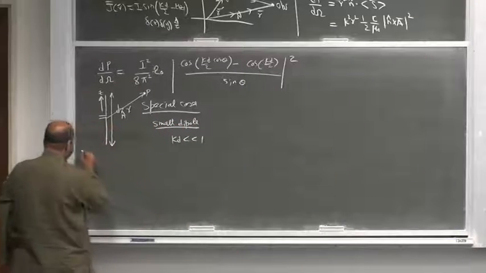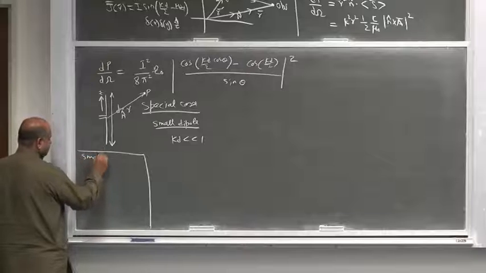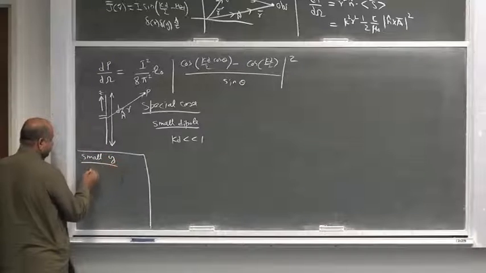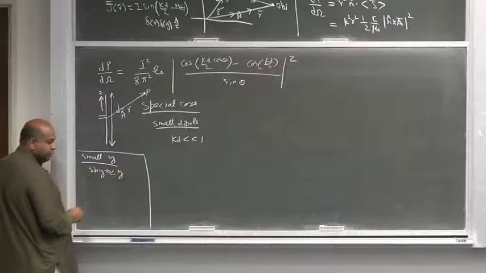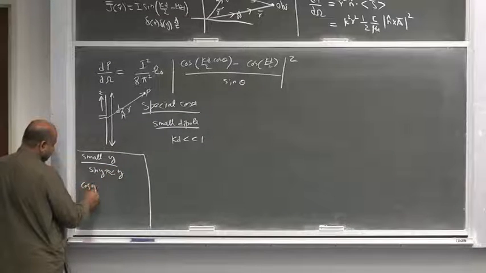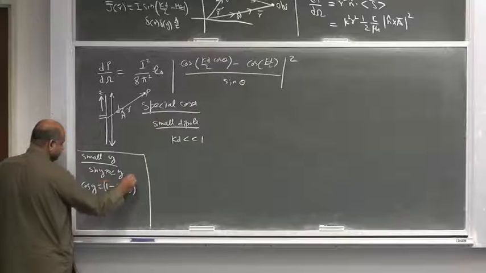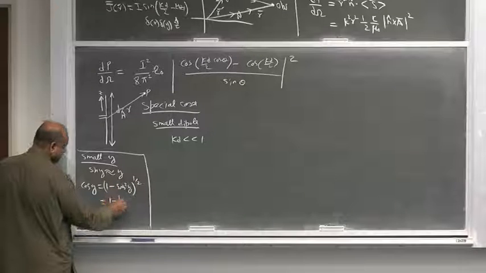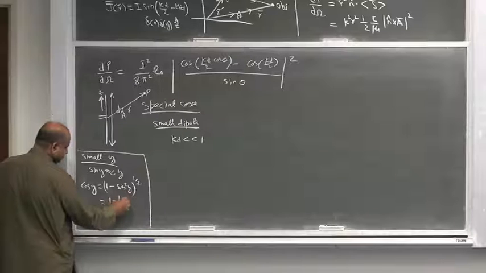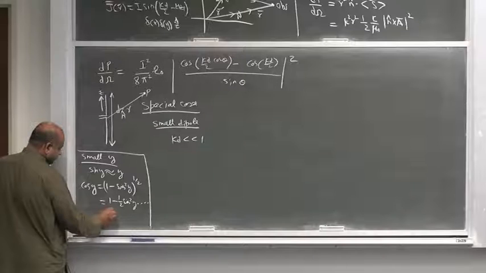So just as a side note, this approximation is often used. Let's say small y, sin y is approximately equal to y, and cosine y is 1 minus half sine square y and higher terms, which we can approximate as 1 minus y square over 2.